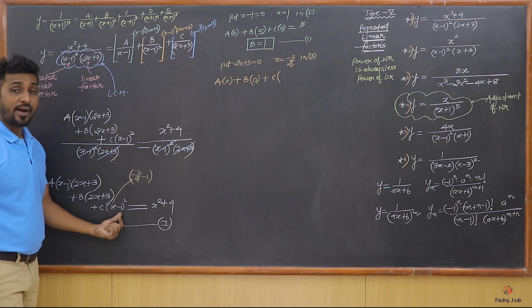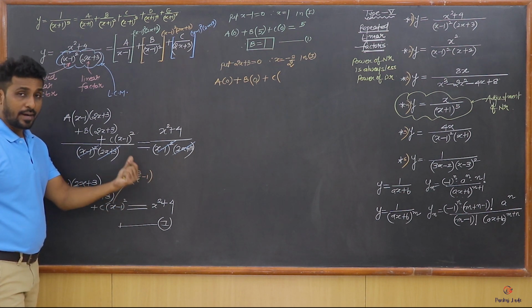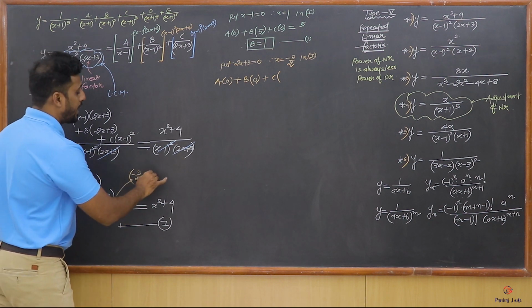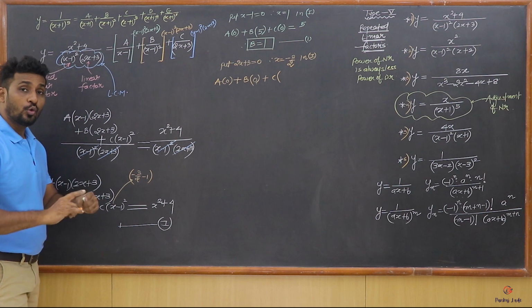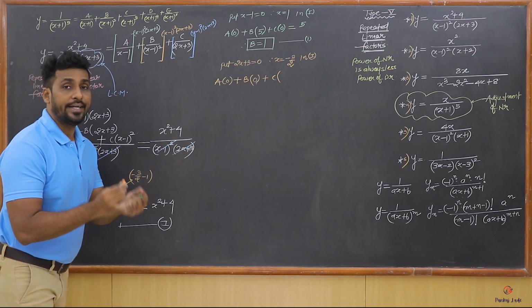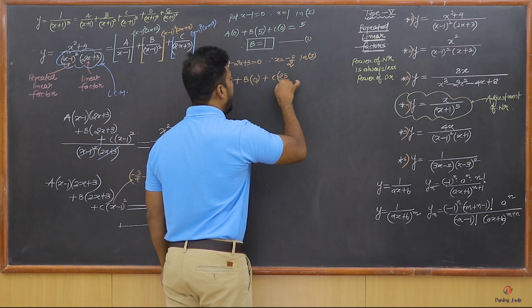Minus 3 by 2, and you have minus 1. So let's simplify. 2 into 1, that's 2, minus 3 and minus 2, that's minus 5. So your answer is coming minus 5 upon 2, and you're doing the square of it. So minus 5 upon 2 square becomes 25 upon 4. So that's c into 25 upon 4.